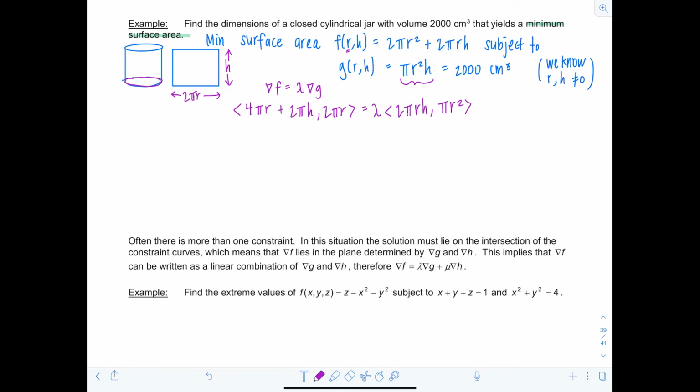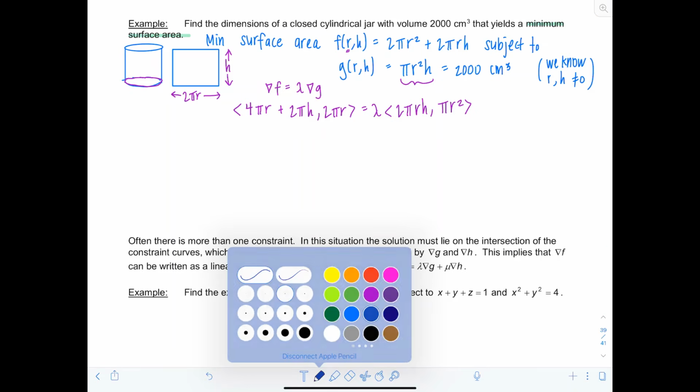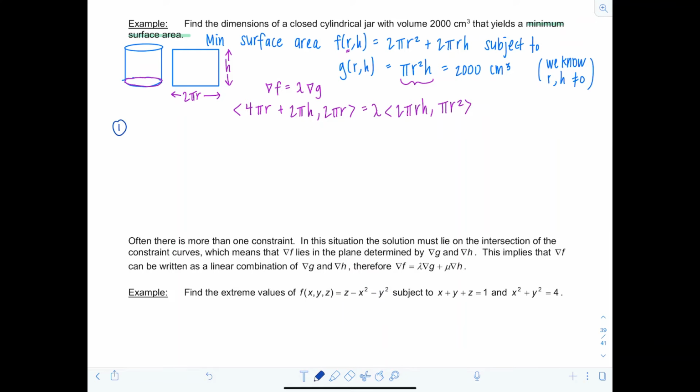All right, very nice. So now let's set up our system of equations here. So equation 1, I have that 4 pi r plus 2 pi h is equal to 2 pi r h times lambda. Equation 2, I have that 2 pi r is equal to pi r squared times lambda. And then equation 3, the last one's always your constraint equation.